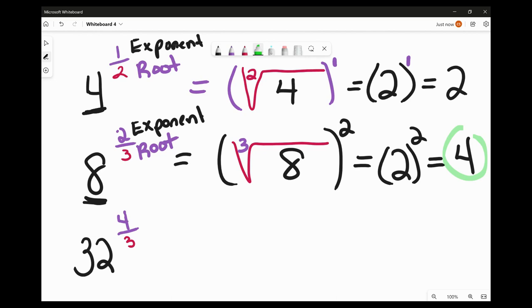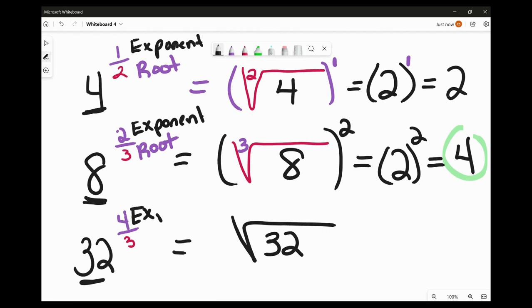Okay, so let's take a look at the last one. I'm going to make my radical sign and put the base inside the radical sign. Now, the 4 is the exponent, which means I'm going to put that on the outside.